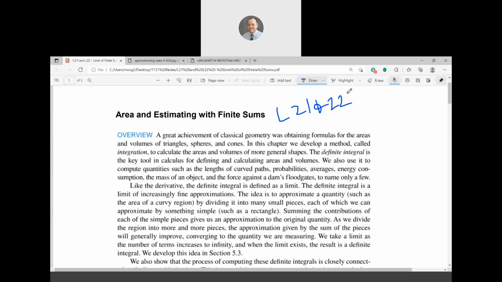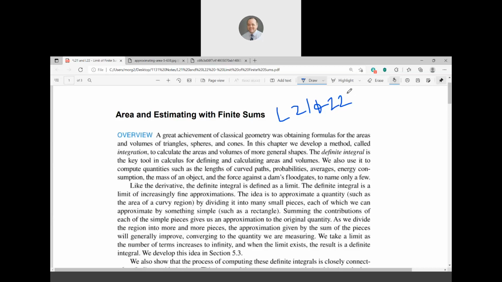The idea is to approximate a quantity such as the area of a curvy region by dividing it into many small pieces, each of which we can approximate by something as simple as a rectangle. Summing the pieces together gives us a pretty good approximation to the original area.